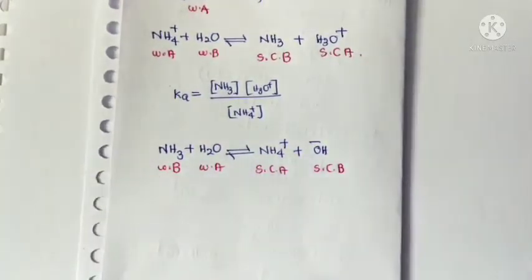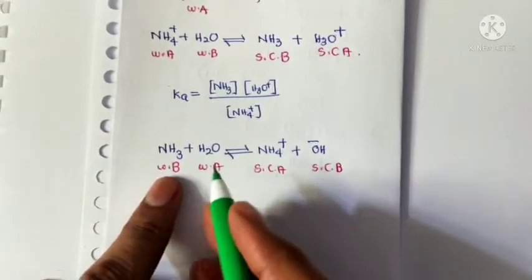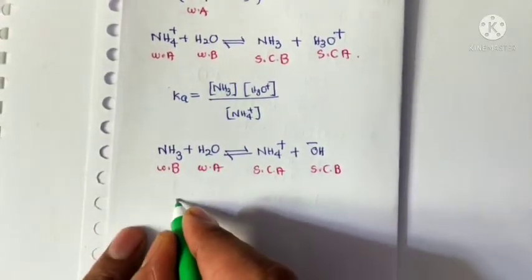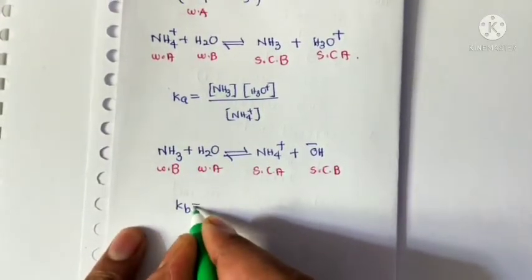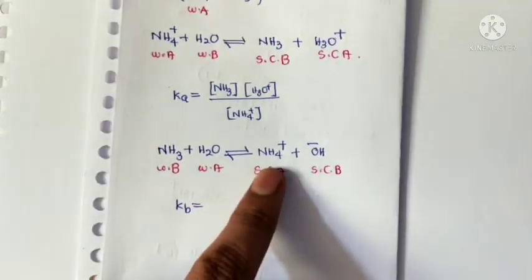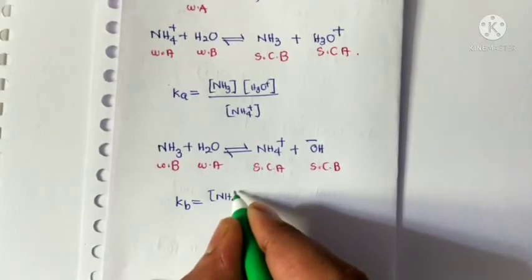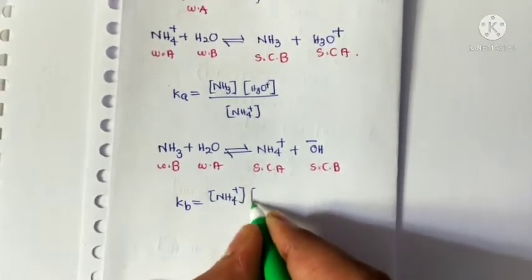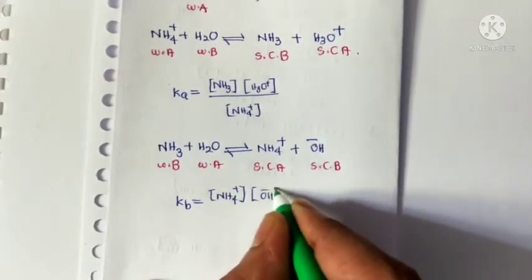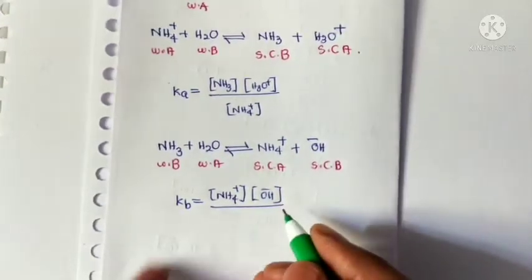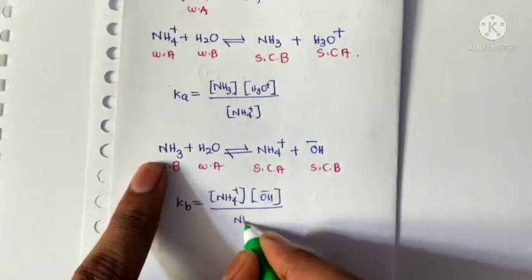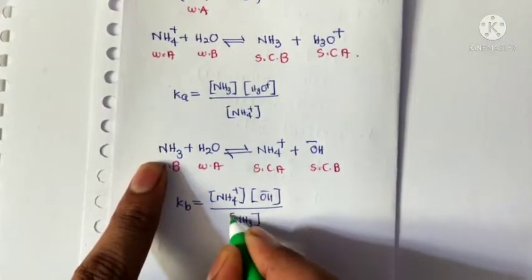Now we will write the ionization constant for the weak base, Kb. It is the product concentrations, NH4+ concentration and OH- ion concentration, divided by the NH3 ammonia concentration.